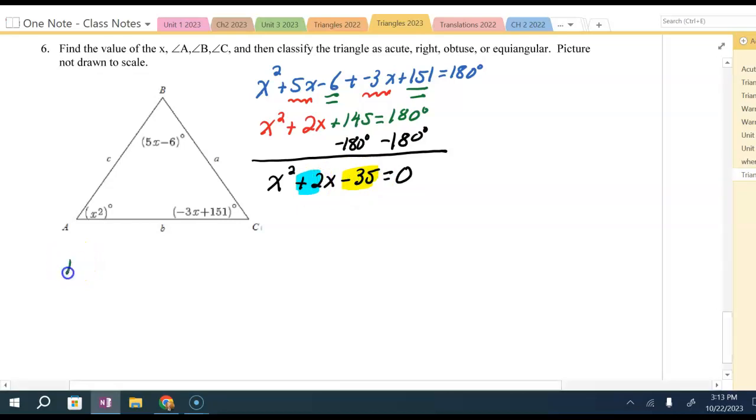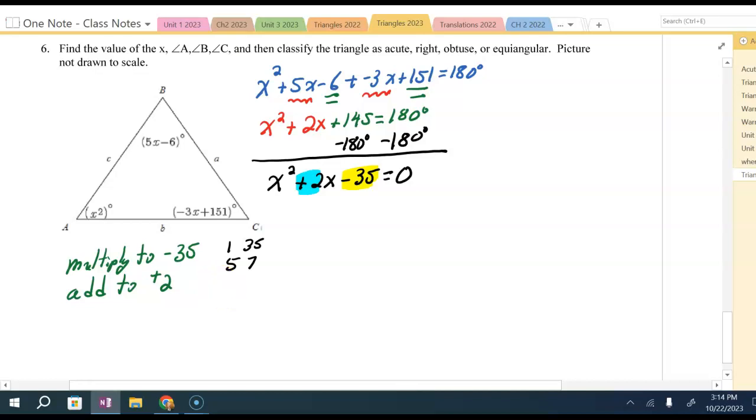We need to find two numbers that multiply to negative 35, and then they need to add to a positive 2. So if we think about numbers that multiply to 35, 1 and 35, 5 and 7 are the multiples of 35.